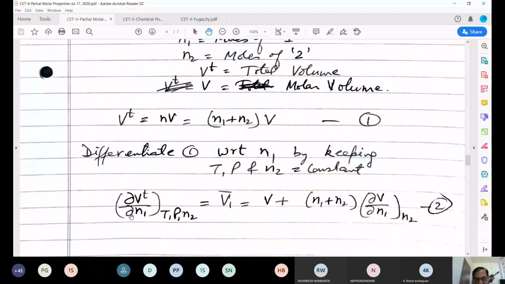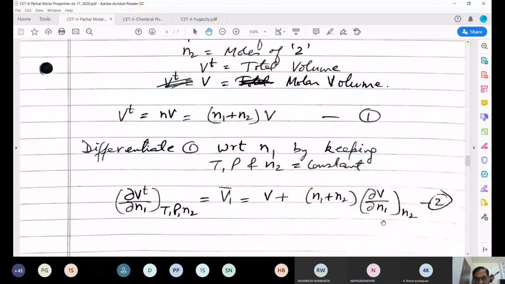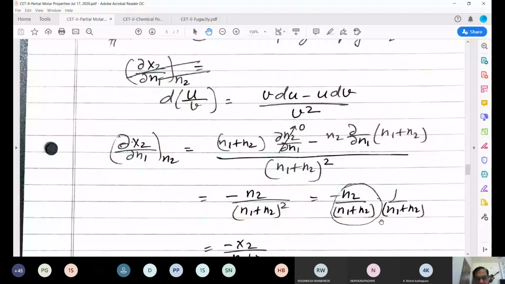So what we are doing is replacing (n1 plus n2) ∂/∂n1 by minus x2 ∂/∂x2. We are replacing this term by minus x2 upon ∂x2.